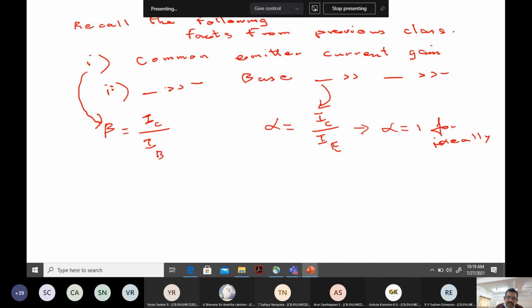So the reason why the base is made extremely thin is because you want the gain to be large. So this is alpha, and this is the common emitter gain beta. Here, the base current is extremely small, so beta typically is of the order of a few hundreds.